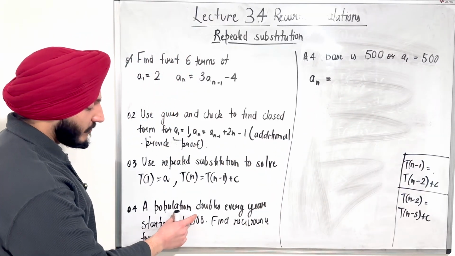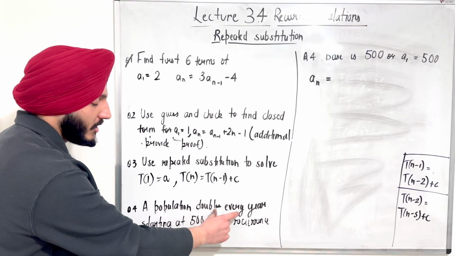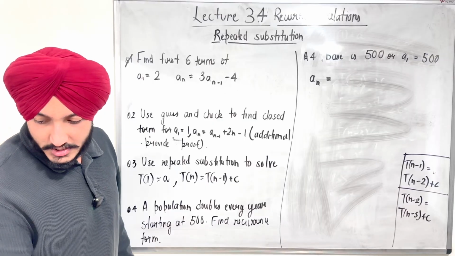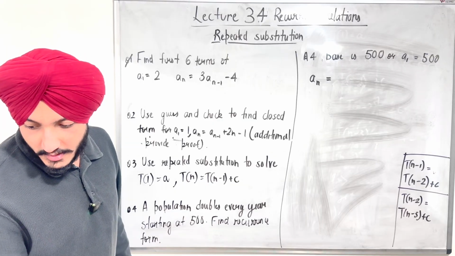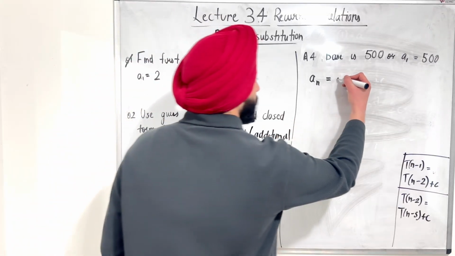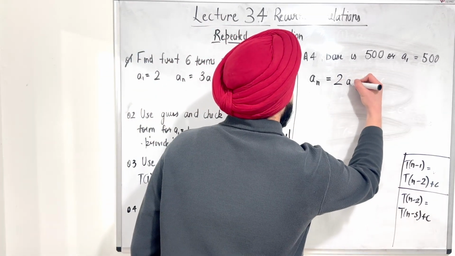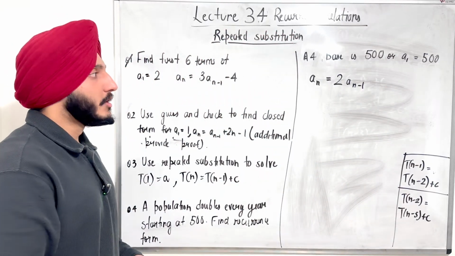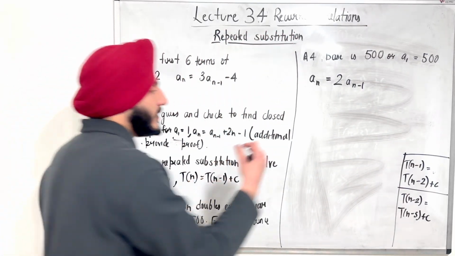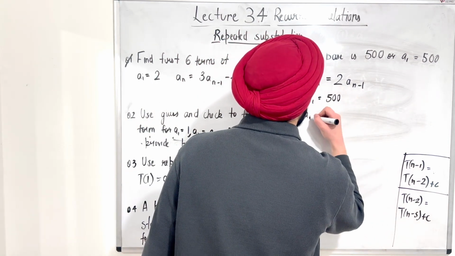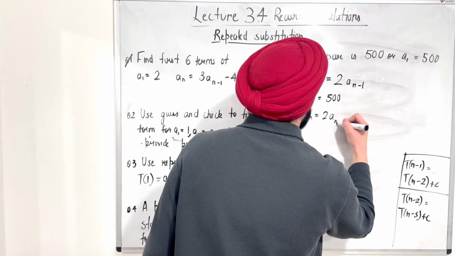We've already been given in the question, a population doubles every year. So this is simply going to be 2 An minus 1, and that's pretty much it. So my final answer is A1 equal 500, An equal to 2 An minus 1.